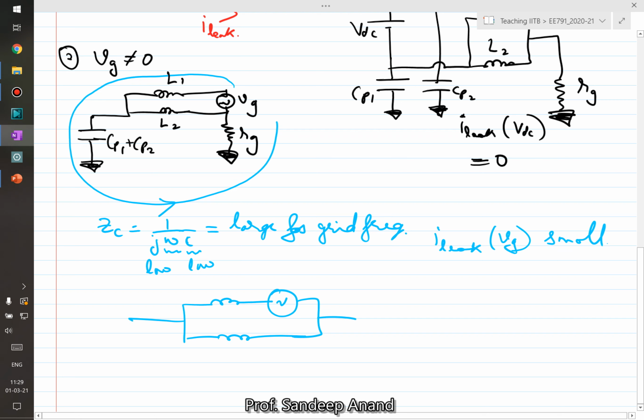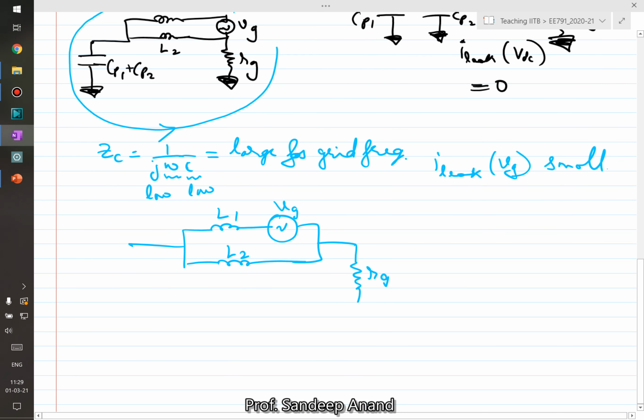If I only redraw L1, L2 and VG, this is how it looks, and there is capacitance here, returning through ground.